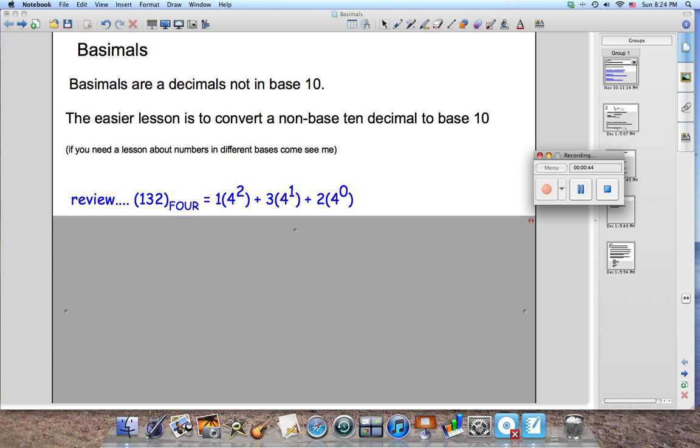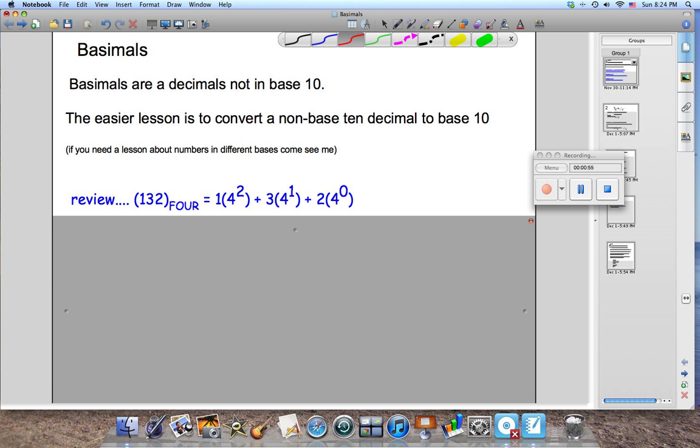I'm going to begin by just reviewing what the bases mean and their position for a number. If I've got a number here that is 132 in base 4, the first position is 2 times 4 to the 0 power.